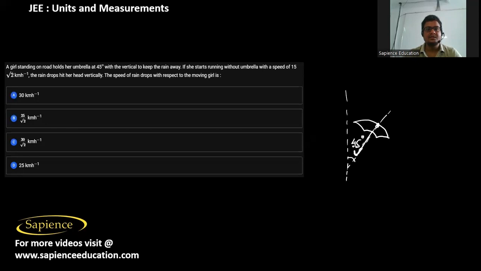If she starts running without umbrella with a speed of 15√2 km per hour, the raindrops hit her head vertically. So it means the rain is actually falling at an angle of 45 degree with the vertical.